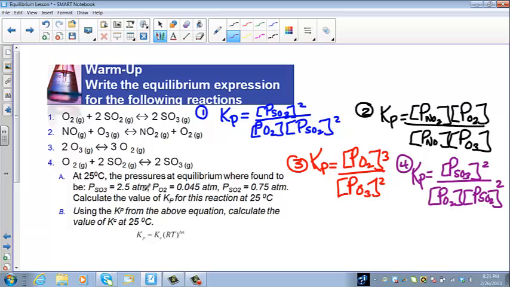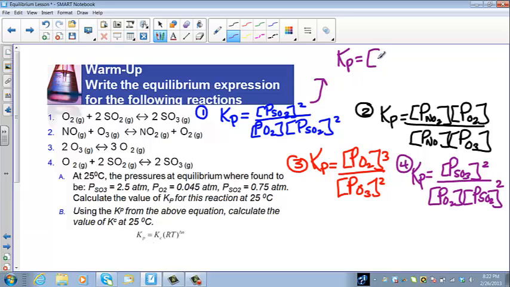So A says at 25 degrees, the pressures at equilibrium were found to be, and they gave us SO3 is 2.5 atm, pressure of O2 is 0.045 atm, and the pressure of SO2 is equal to 0.75 atm. So we're using this equation because this is referring to number 1. And so now we're going to substitute in Kp is equal to, we need SO3.